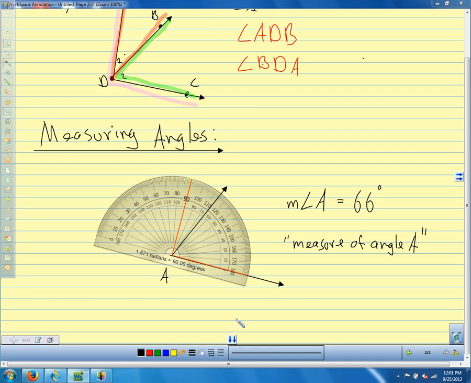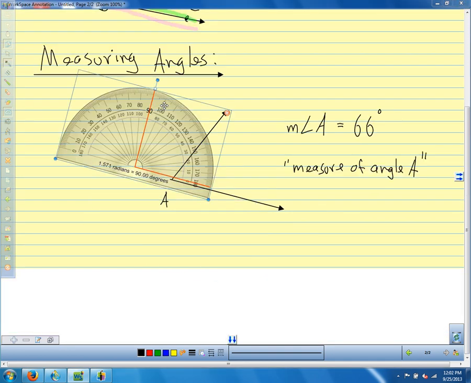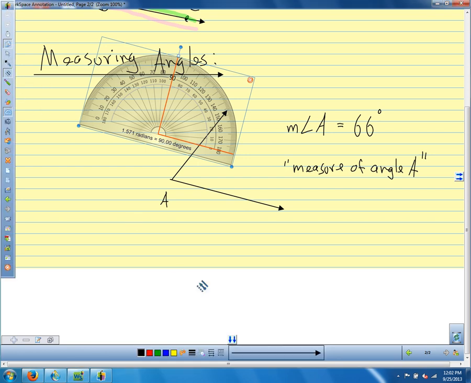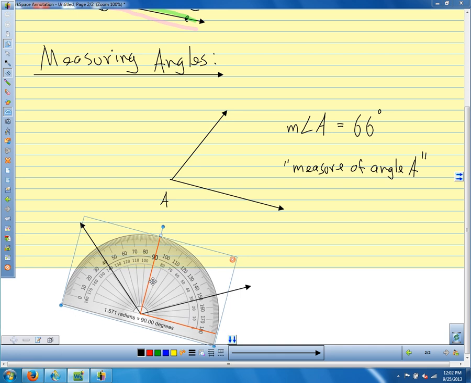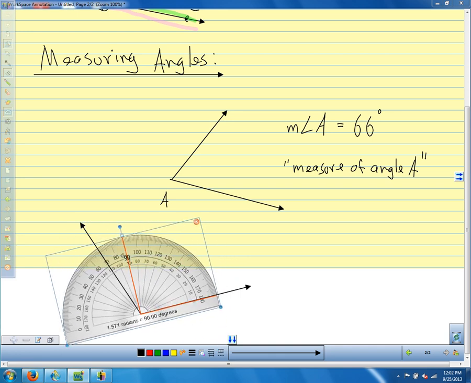And if our angle is bigger than 90 degrees, let me move my protractor and we'll draw another angle. So we'll go back this way, like so. Take my protractor down here, set the point there, lay it right on there. And this time I'm going to read on the bigger number scale, because it's bigger than 90.